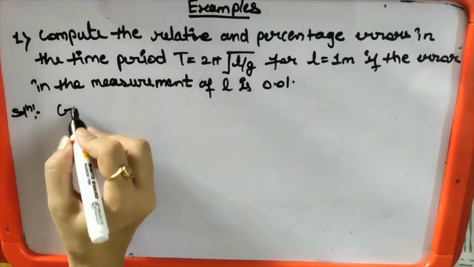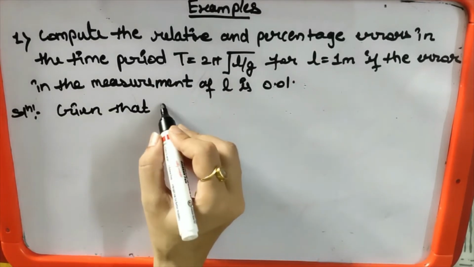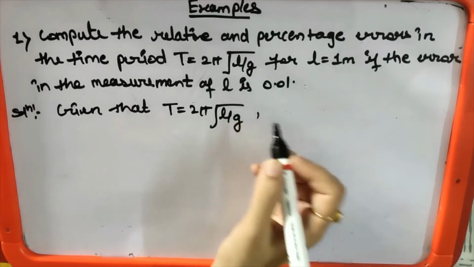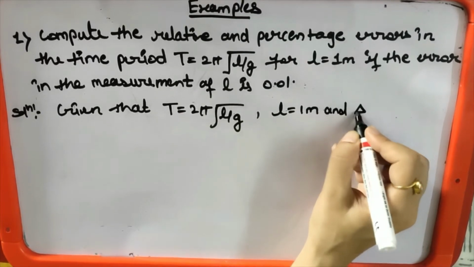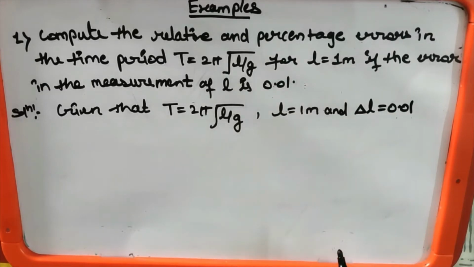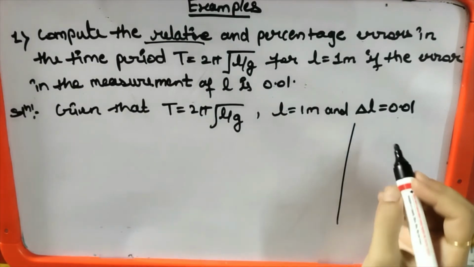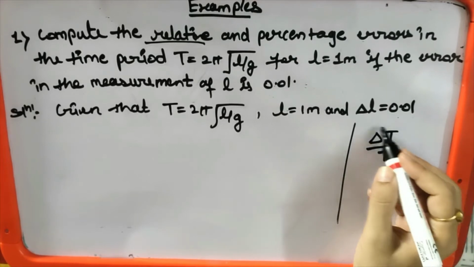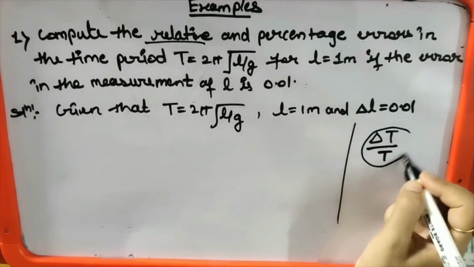So given that t equals 2 pi under root L upon g, L is 1 meter and error in L is 0.01. Now you have to find the relative error in t, that means delta t upon t, the error in t upon the true value of t.